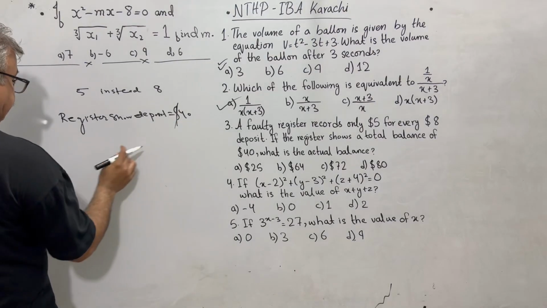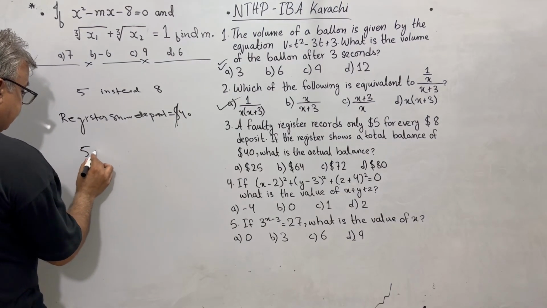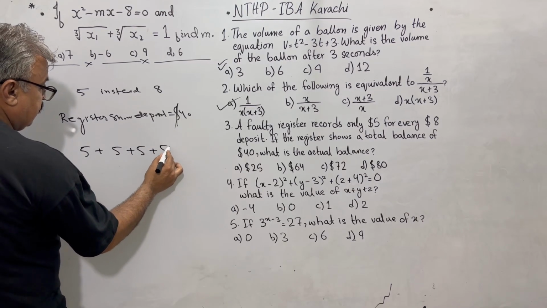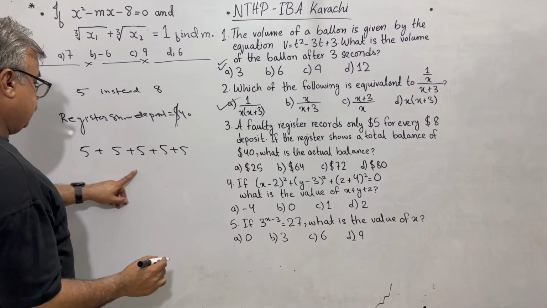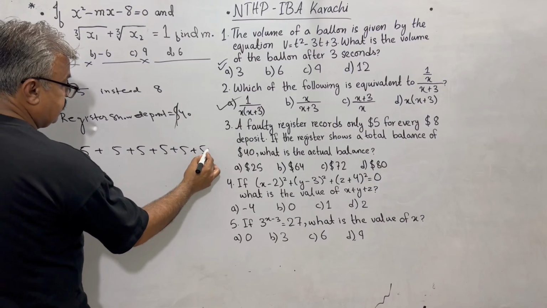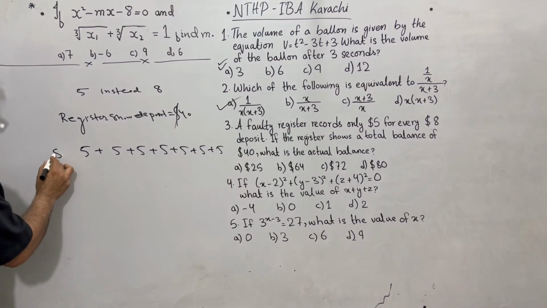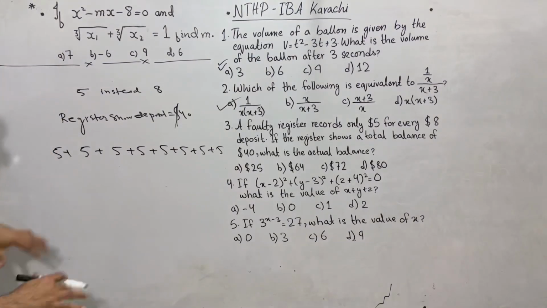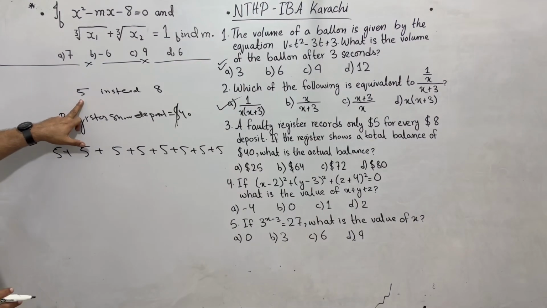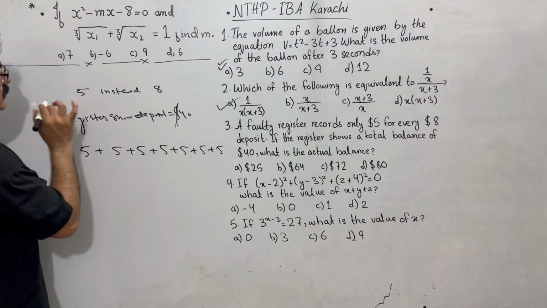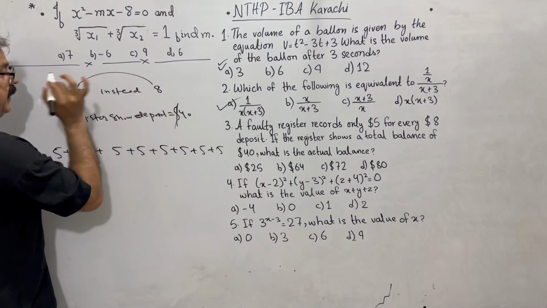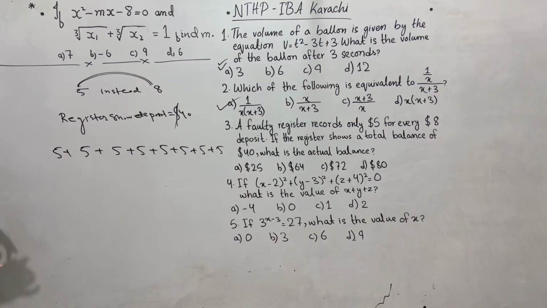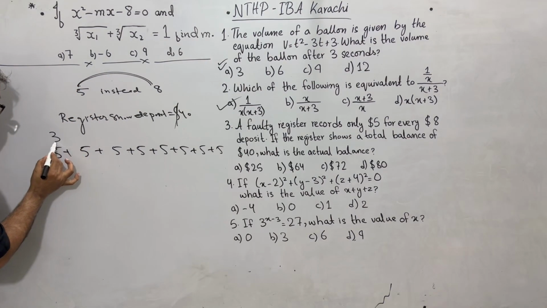Now 40 can be written as 5 plus 5 plus 5 plus 5 plus 5 plus 5 plus 5 plus 5, that is 8 times 5 is 10, 20, 30, 40. Why have I written 5? Because our register records $5 for $8. On every $5 there is a deficit of $3.